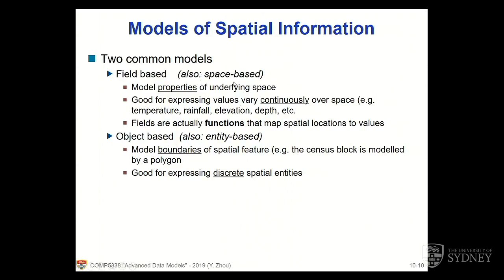The field-based model basically tries to model the properties of the underlying space. So there's some space, and within the space there are certain properties. For example, if the space represents a mountain, then the elevation of the mountain becomes the property, and at different points the elevation will have different values.